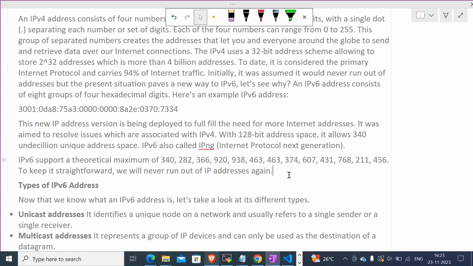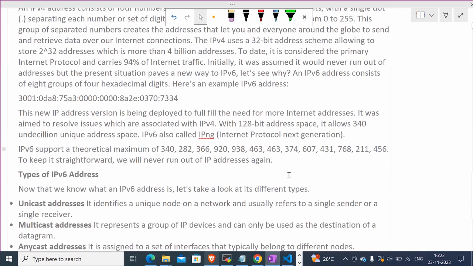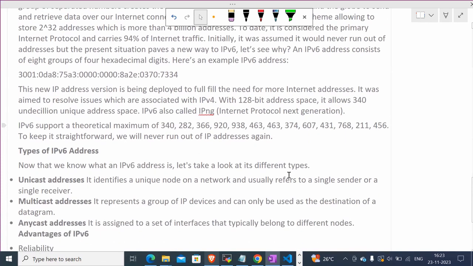Let me be really clear that we will never run out of IP again. But when IPv4 was implemented, at that time also we thought we would never run out of IPv4. We have plenty. But again, if we run out of IPv6, maybe we will develop something more.